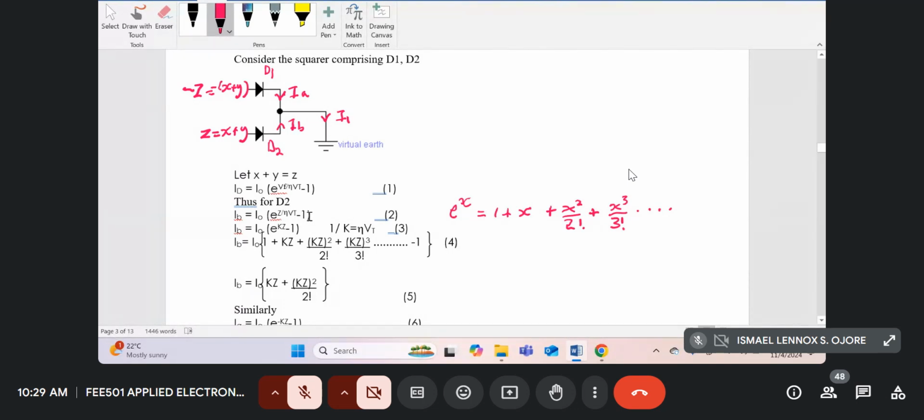And to make life easy, I'll introduce a new variable k, where k is equal to 1 over eta Vt. Now, there's a typing mistake here.